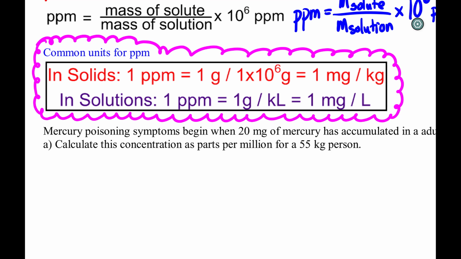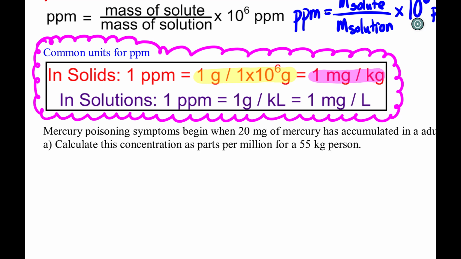So for instance, 1 gram over 1 million grams, which would be in the exact same unit, so that's 1 part per million, would be the same as 1 milligram in 1 kilogram. Now the difference between milli and kilo in our conversion scale is 1 million.